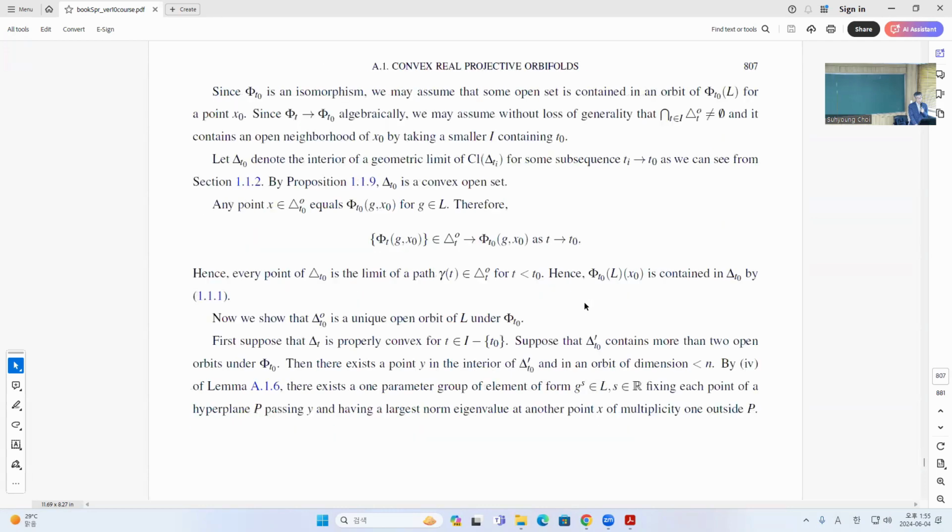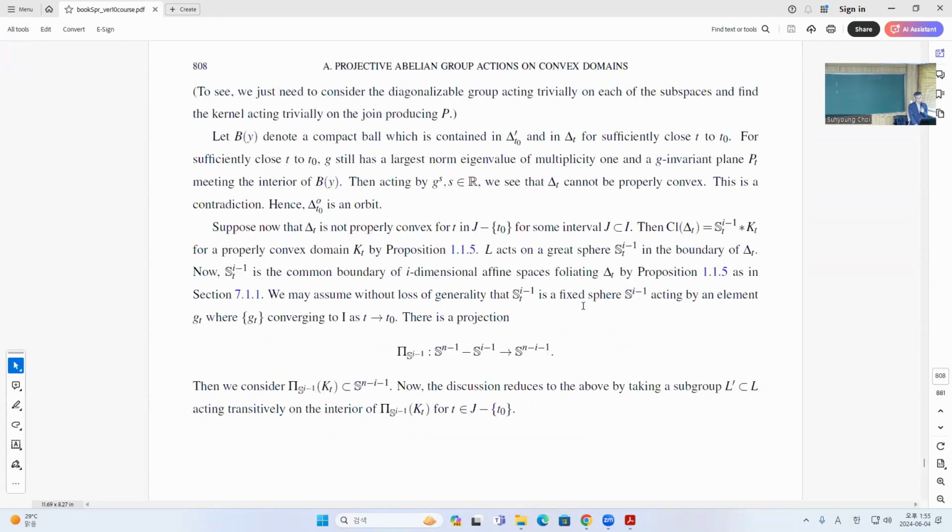So if you have more than two orbits, then there's a point where these two orbits are contained in, and this G will have the largest norm there. And then the point is that in the approximation, you can always get these balls again.